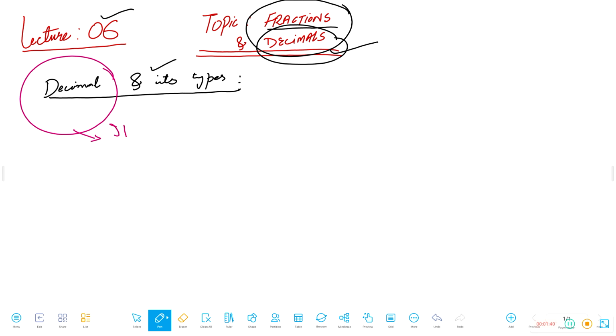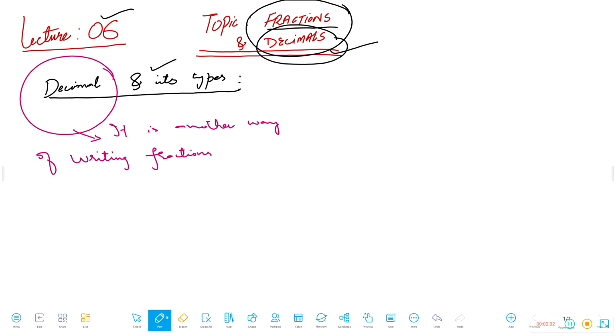It is another way of writing fractions. But which fractions?